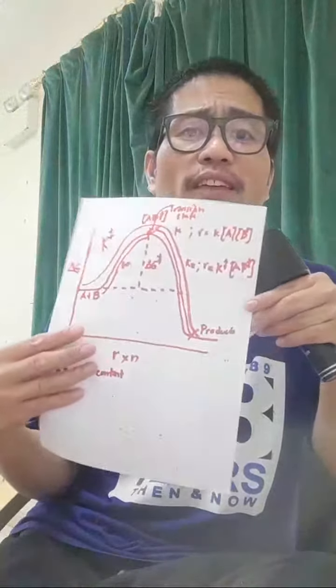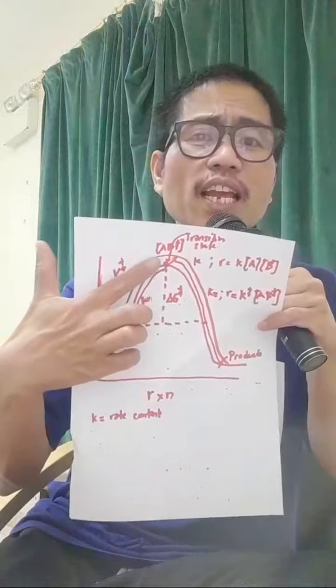Why did I put double integer? Because our products have double integer somewhere in the transition state. That's the purpose lang, para we should have an agreement. So if we put double integer superscript with reactants, we also put double integer superscript with a rate constant.